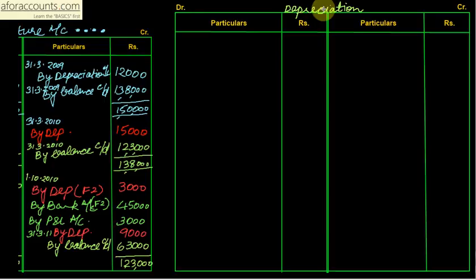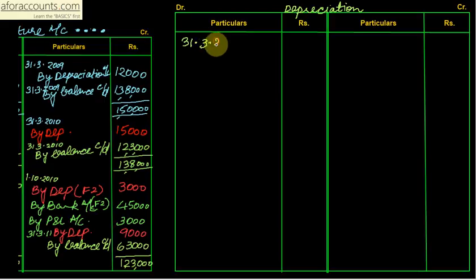See, entry will always be, we had 3 years, 8-9, 9-10 and 10-11. So first year the depreciation was total 9,000 plus 3,000, 12,000. So depreciation account debit to furniture on 31/3/2009. Pass the first entry in the closing of 8-9.